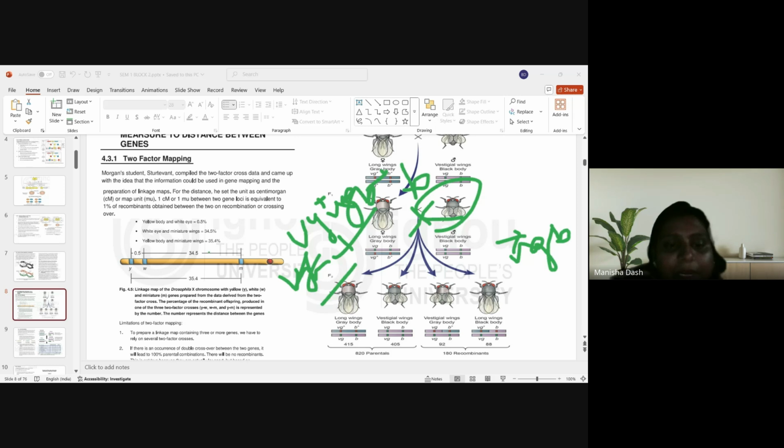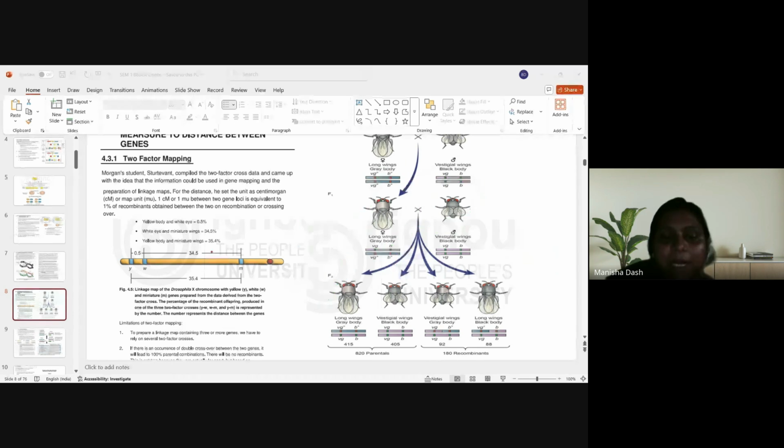But if there is recombination, or crossing over between them, what combination will you have? This b plus will go here and the b will come back to here. So you will have a combination of vg and b plus, and vg plus with b. So you will have 4 different types of gamete from this individual.